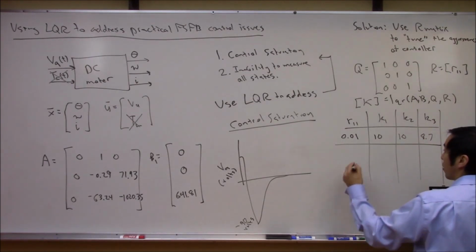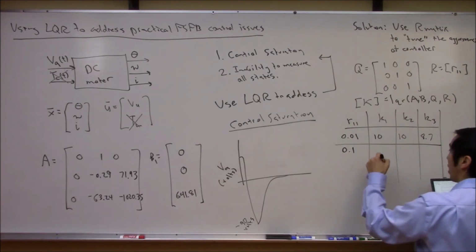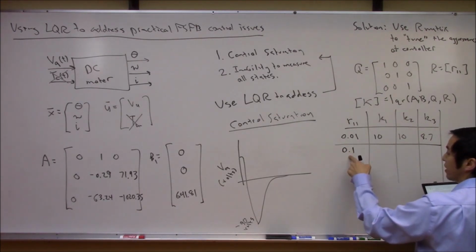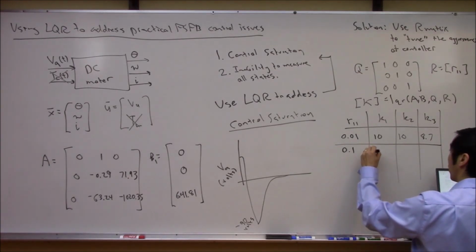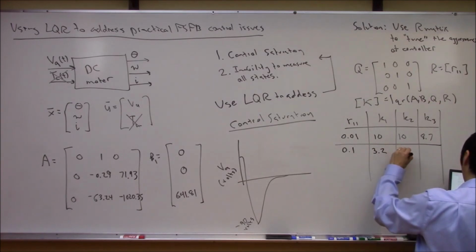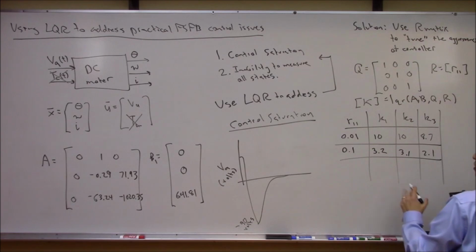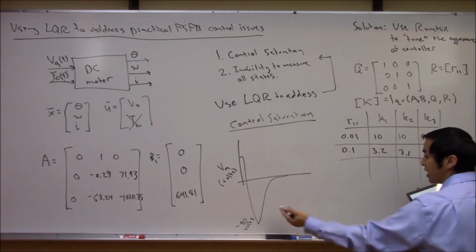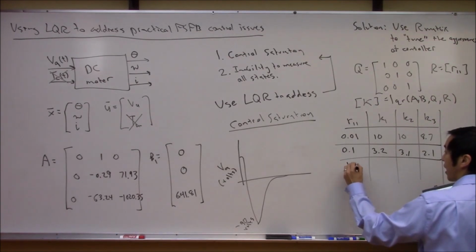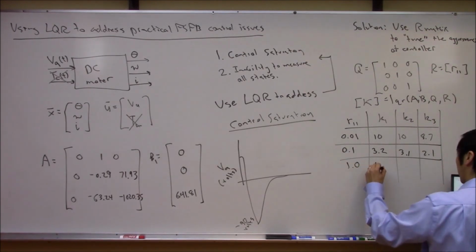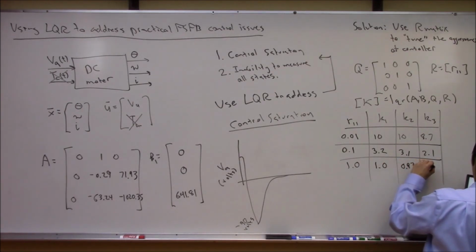Well, all Peter needs to do is sit here and crank this number up and see what happens. If you crank up R, you're basically saying control gets more expensive. So what happens to the controller? It goes down, it starts getting smaller, so you can see it's getting less aggressive. And if Uncle Ben is still yelling at him for costing too much electricity, he just cranks this up again. With 1, you would get something like 1.0, 0.93, and 0.34.